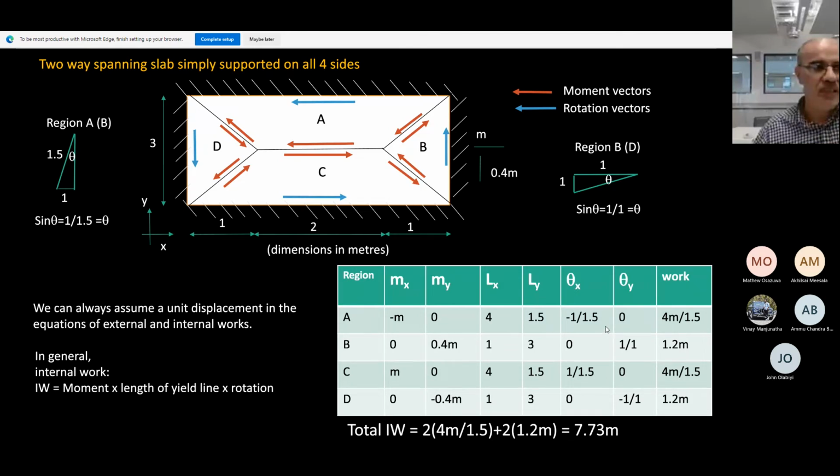We are confused about the hypotenuse and the adjacent side. In the case of region A, the hypotenuse is 1.5.